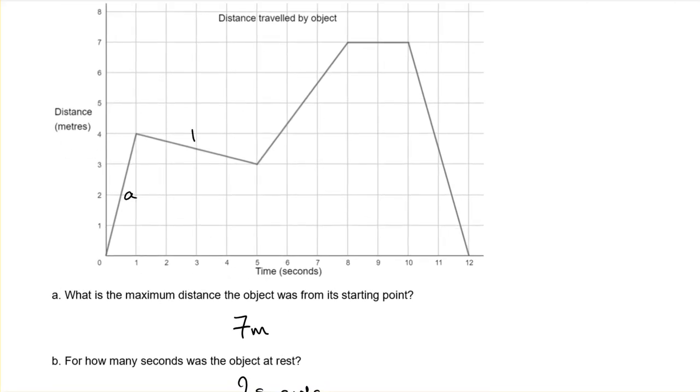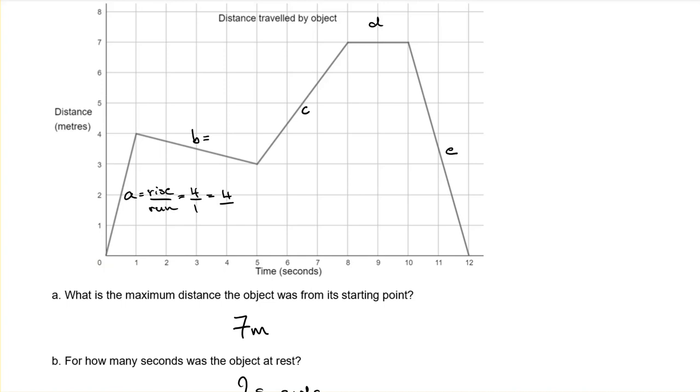We're going to call it A, B, C, D, and E. So remember when I told you gradient is always rise over run. The rise in our case is 4. So we can see this has gone up 4 meters. And its run is just 1 second. So I can come and say 4 over 1, which is equal to 4.